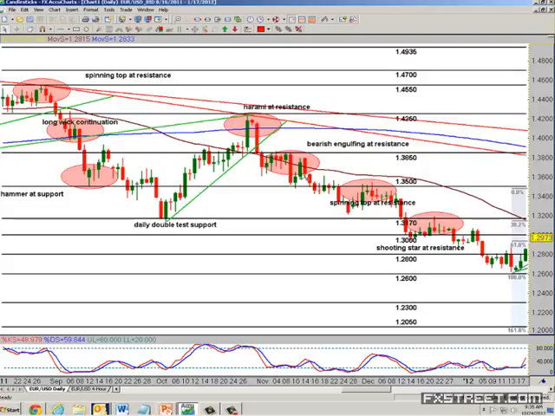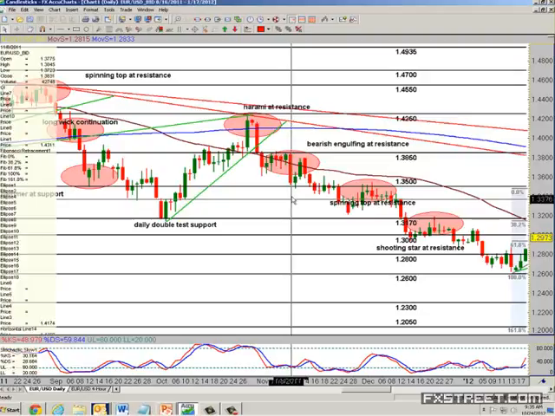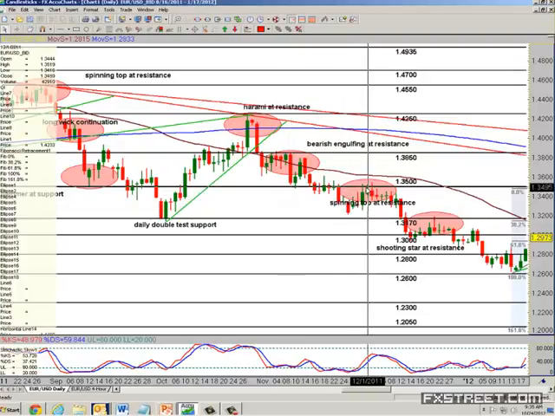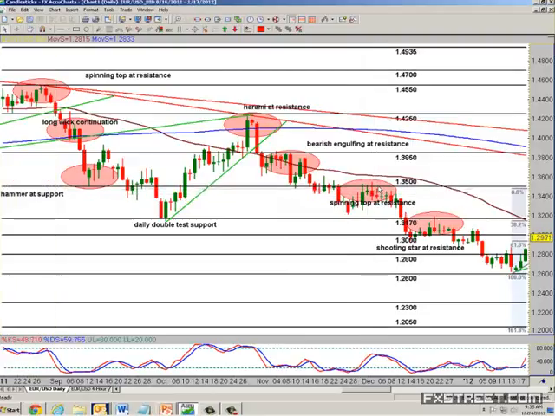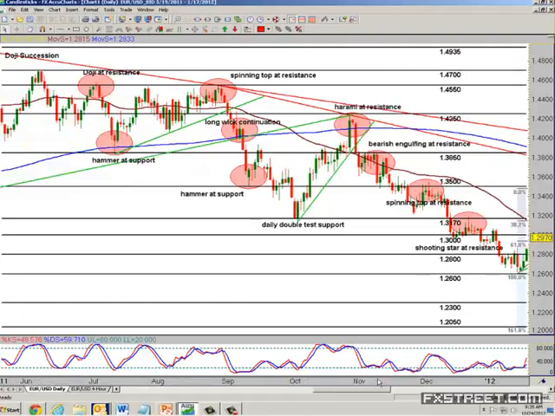Key resistance here at 138.50, and then a bearish engulfing, possibility for further downside there. And then it pulls back up to the 135 level, and here we have a spinning top at resistance. Just another sign that perhaps there might be a turn to the downside again, or a continuation to the downside.